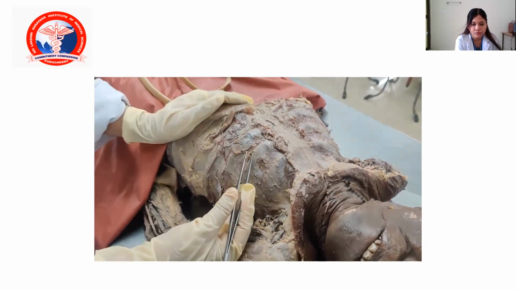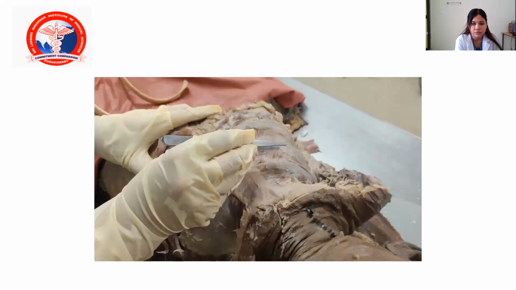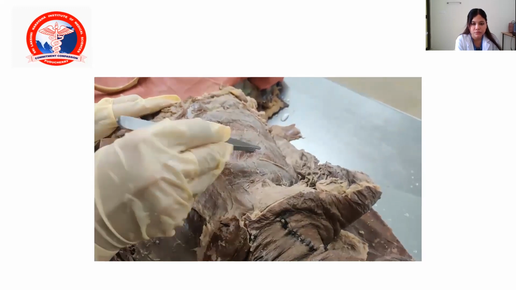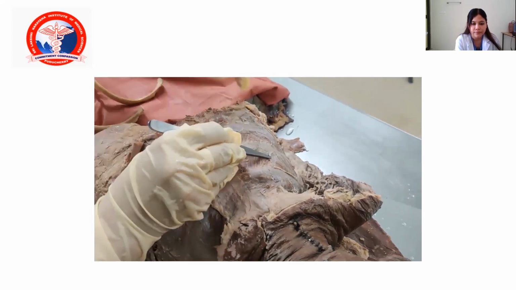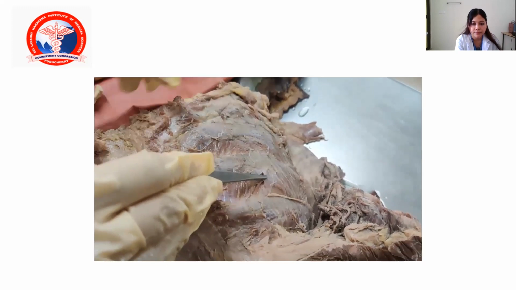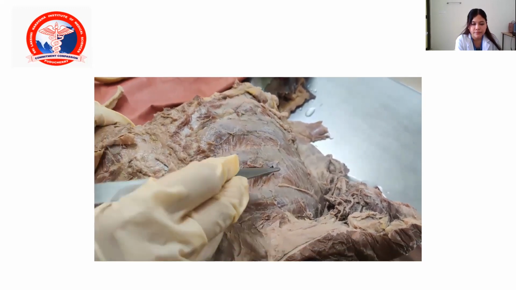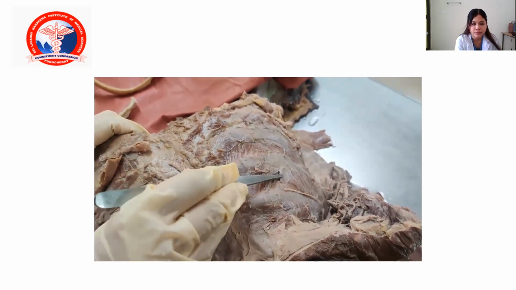The outermost muscle is the intercostalis externus. So here you can see the intercostalis externus. This intercostalis externus is present at the most superficial aspect.